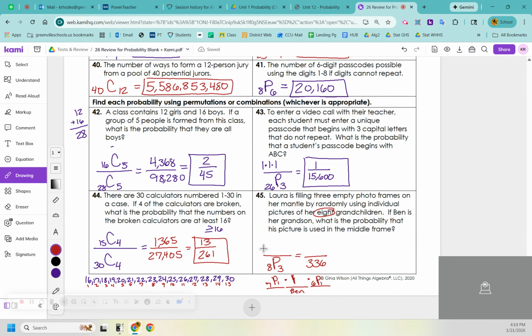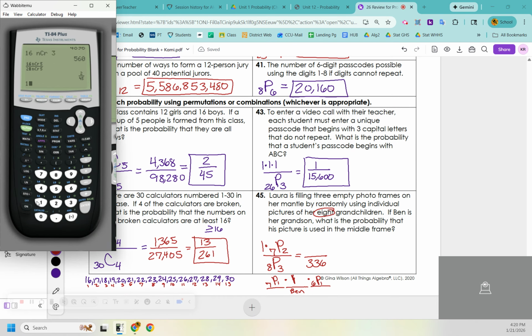But that is a lot harder than just saying 1, because of Ben, and then the other 7, we have to pick 2 of them from. Either way, it would work. Doesn't matter if you multiply by 1 or not. These are the 2 out of the 7 grandkids, because Ben's already chosen. There's 7 kids left. We need to choose the other 2.